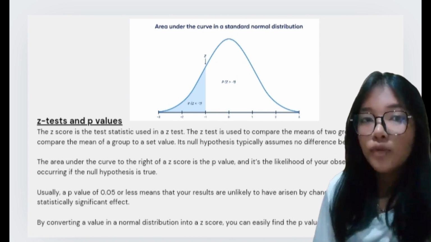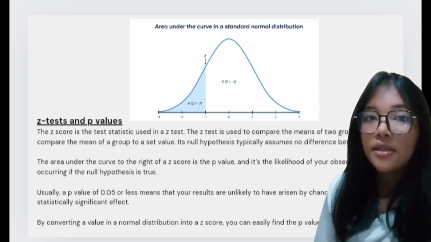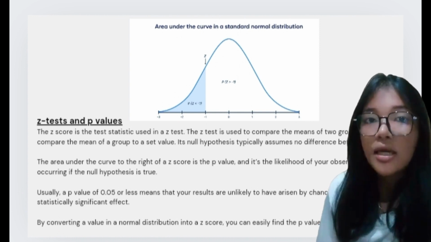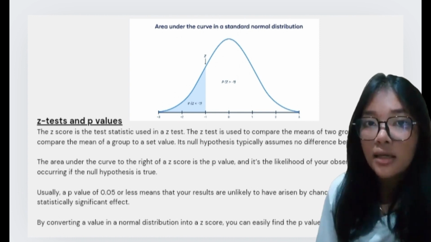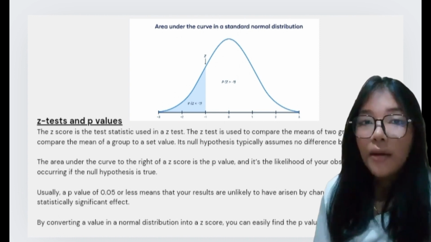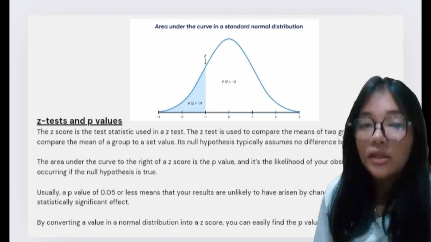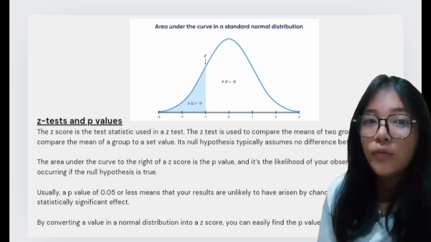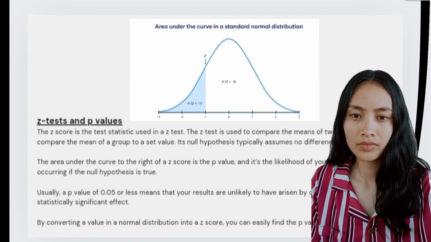Usually, a p-value of 0.05 or less means that your results are unlikely to have arisen by chance. It indicates a statistically significant effect. By converting a value in a normal distribution into a z-score, you can easily find the p-value for a z-test.